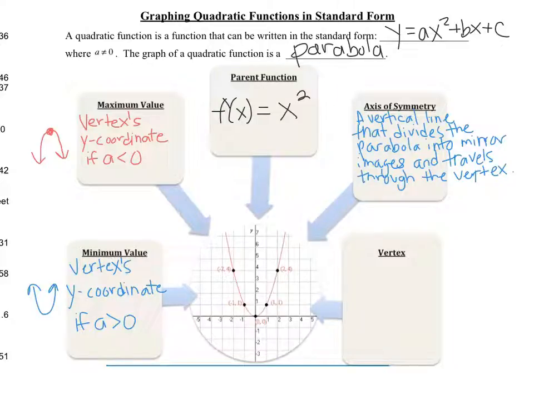Because it is a vertical line, the equation is always x equals, and it's going to be x equals some number. So for our parent function, the axis of symmetry is the y-axis. It's right here at x equals 0. The vertex is the highest or lowest point on a parabola.